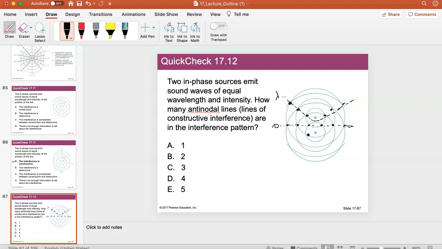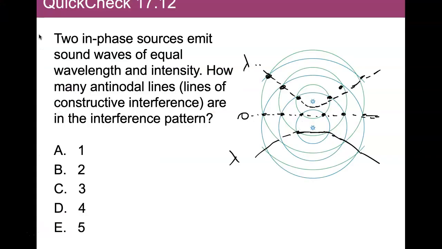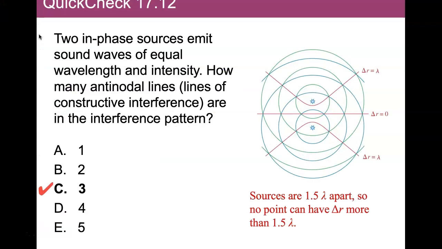So then there's going to be another one also on this side. Again, it's lambda with a different sign. So in one case it's R1 minus R2, in the other case it's R2 minus R1. But that's basically the answer. We have 3 antinodal lines.